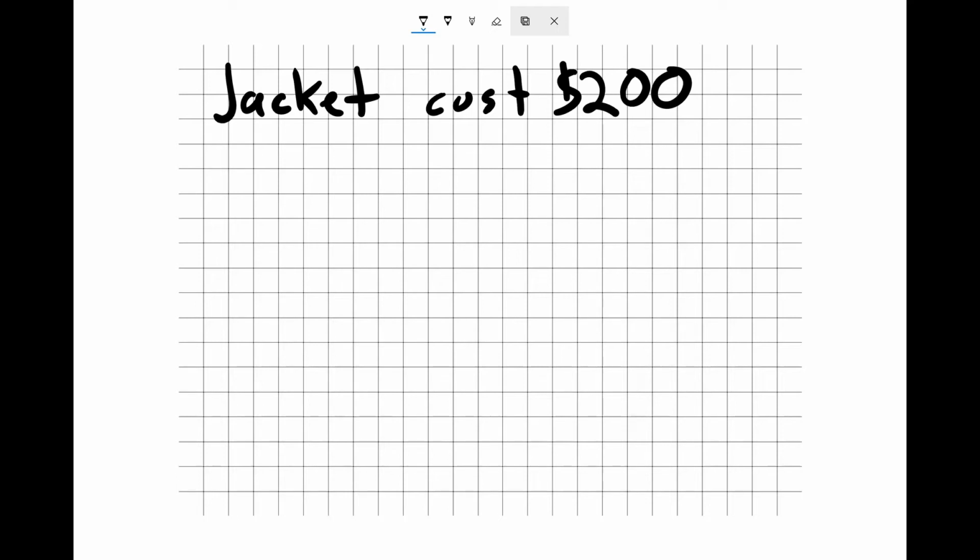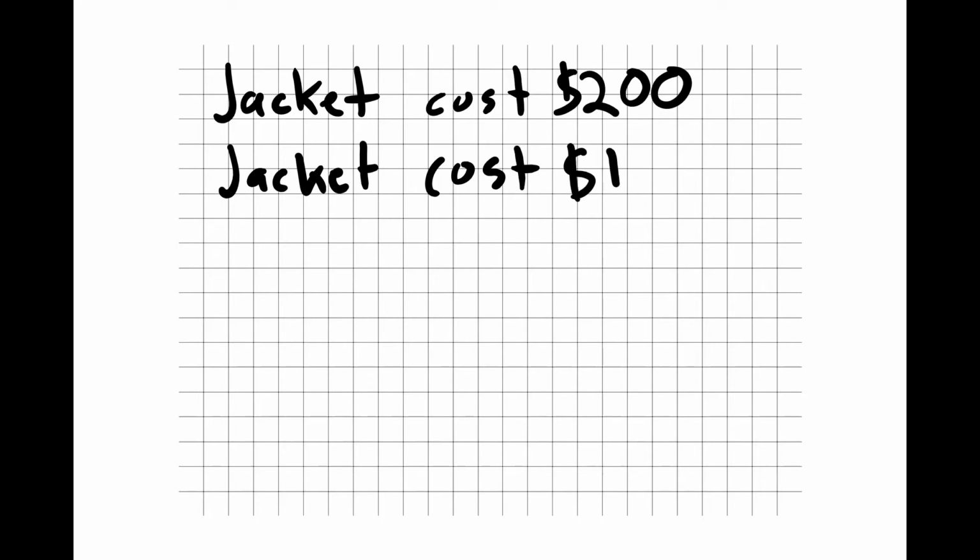You wait a week, you go to that same store, look for that same jacket, and all of a sudden, the jacket is on sale, and you can now get it for $150. Okay? You might notice right away, the original amount is larger, meaning the new amount is smaller, you went down.